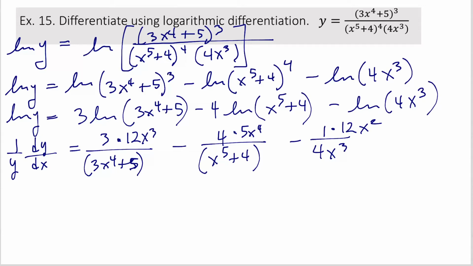So I can see here that I'm going to have a 3 up top. Those are going to cancel. I'll just have 3 over x for that term.